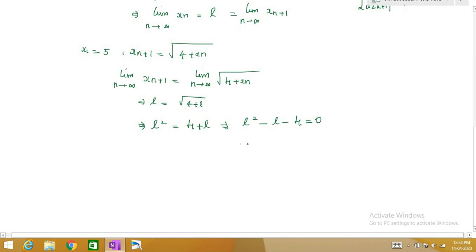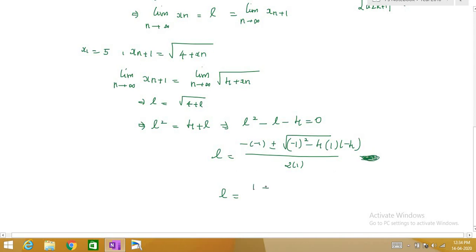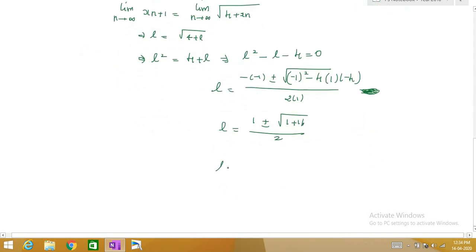So if we solve this, we will have minus of minus 1 plus or minus square root of b square minus 4ac, by 2a. So these are our roots for L. So this means L is equal to 1 plus or minus square root of 1 plus 16, by 2. So this means our possible values for the limit are L is equal to 1 plus root 17 by 2 or L is equal to 1 minus root 17 by 2.